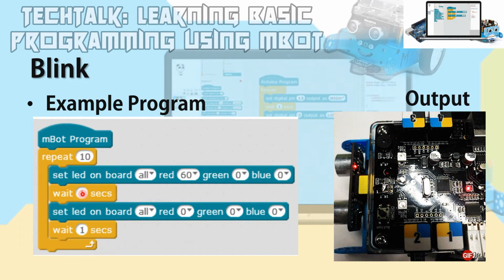If you delete the 1 second here, the main control board will run quickly and the program will turn the red light on and off, but you cannot see it blinking with your eyes. To see the blinking, you need to add waiting time at the end of the script that controls the on and off of the red light.